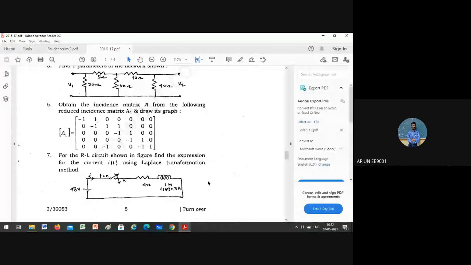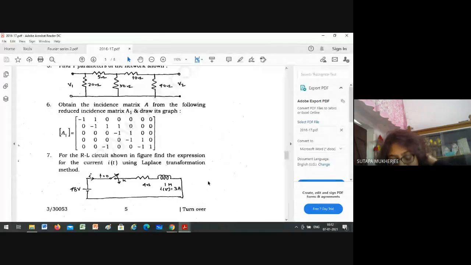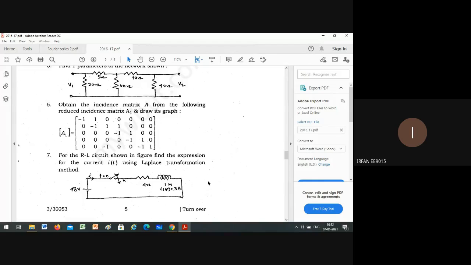Then only the last column will be changed. Irfan, what will be the elements of the second column if you tell me the elements vertically? Irfan, are you there? Yes, ma'am. Just read out all the elements of the second column. 1, minus 1, 0, 0, 0.